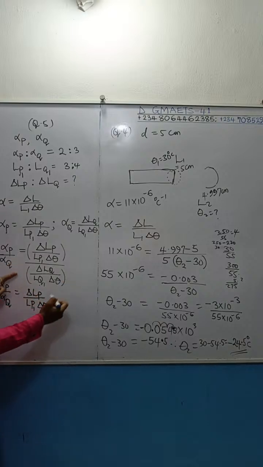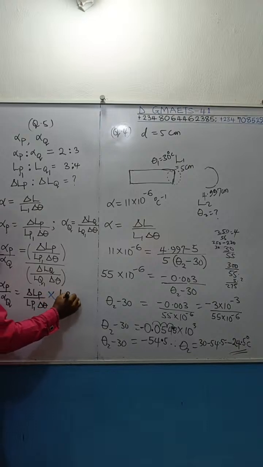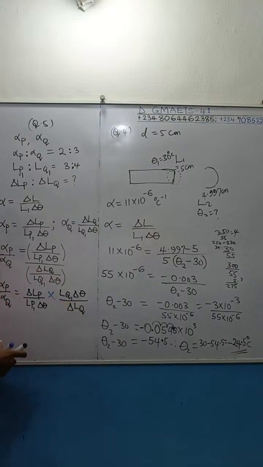So I try as much as I can to carry as many as possible along. You see this division sign? If you are dividing fractions, you know what to do. Change it to multiplication and then inverse this guy. If I inverse, I'm going to get LQ1 times delta theta divided by the increase in length in Q. Now, mathematically, this is going to cancel this.